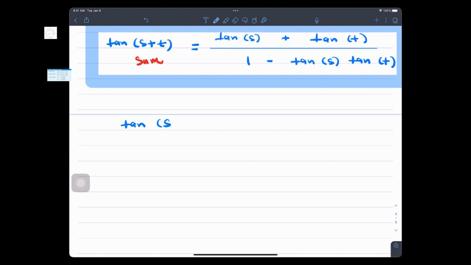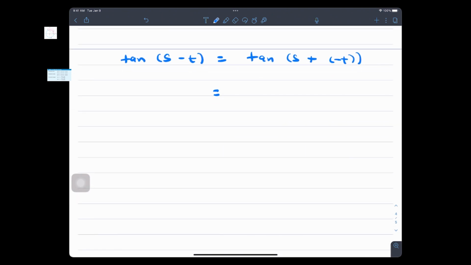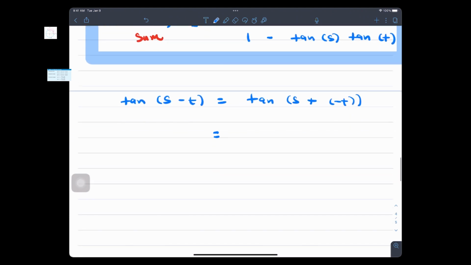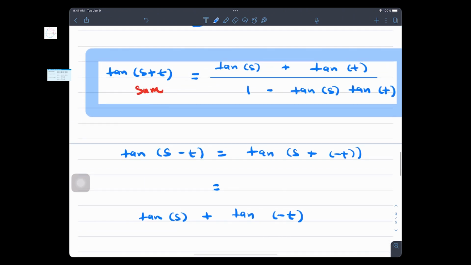Tangent of a difference can be described as tangent of S plus that minus T. Okay, same thing as we did before, using the sum formula. So you could say, isn't that tangent S, plus tangent minus T. We're using the sum formula here.